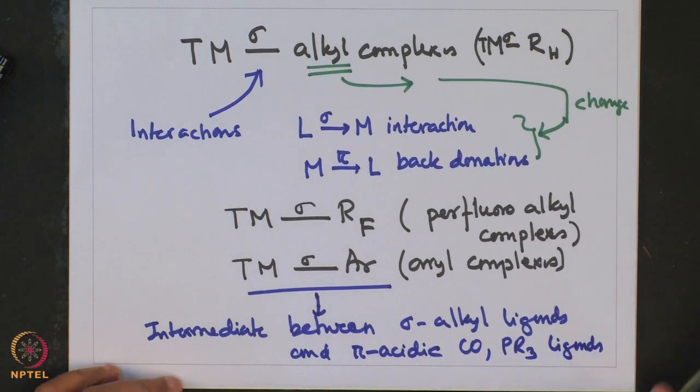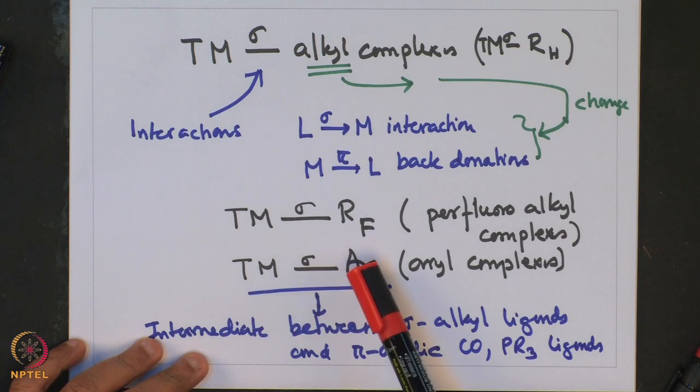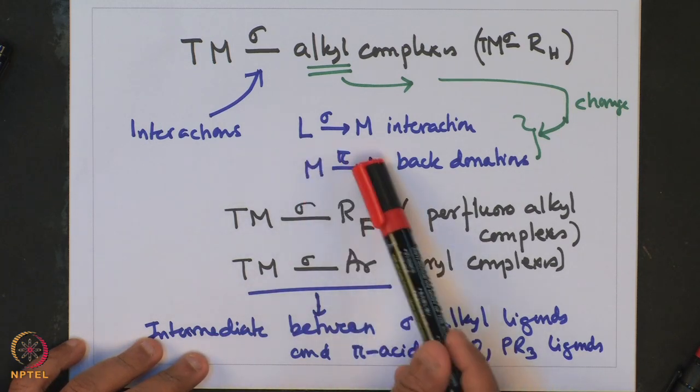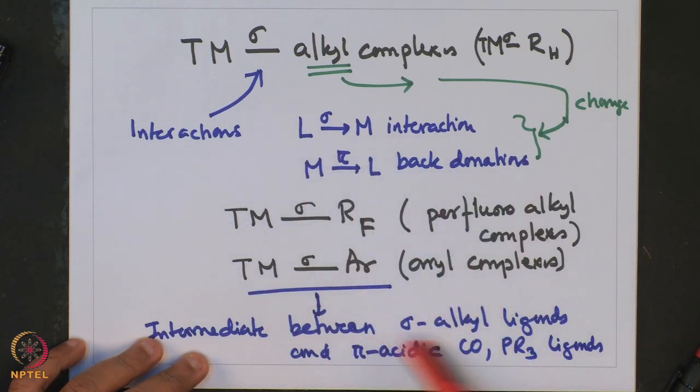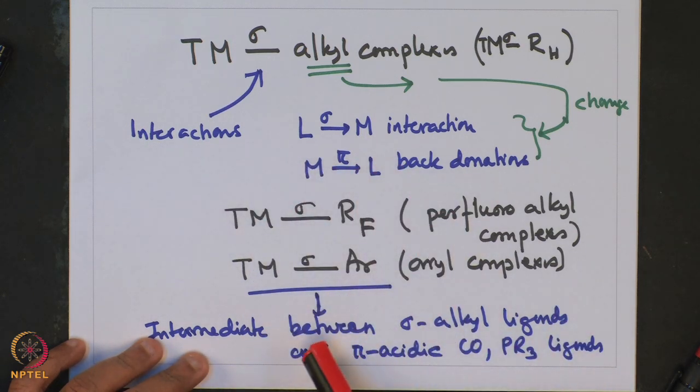This means that in sigma alkyl ligands, the extent of metal to ligand back donation is minimal, whereas in pi acidic ligands the extent of back donation is significant.